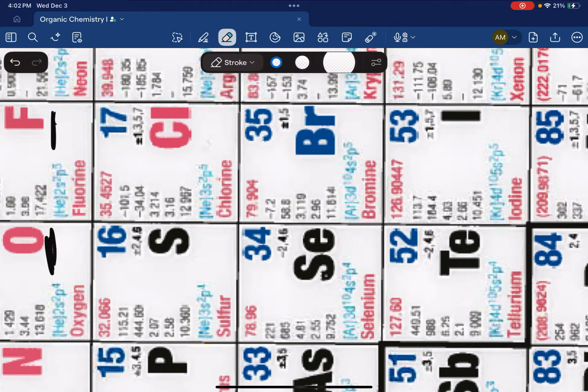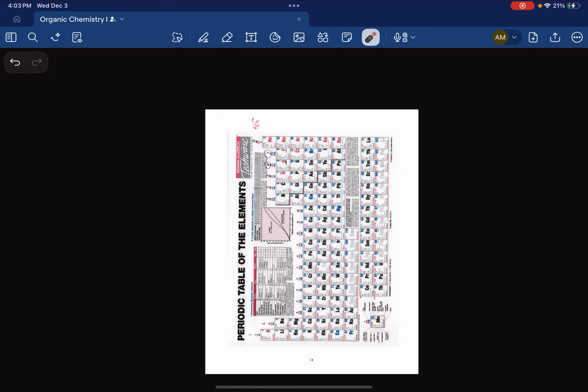It's kind of hard to see, but we went from 32 AMU to 79. So selenium is significantly larger than sulfur.